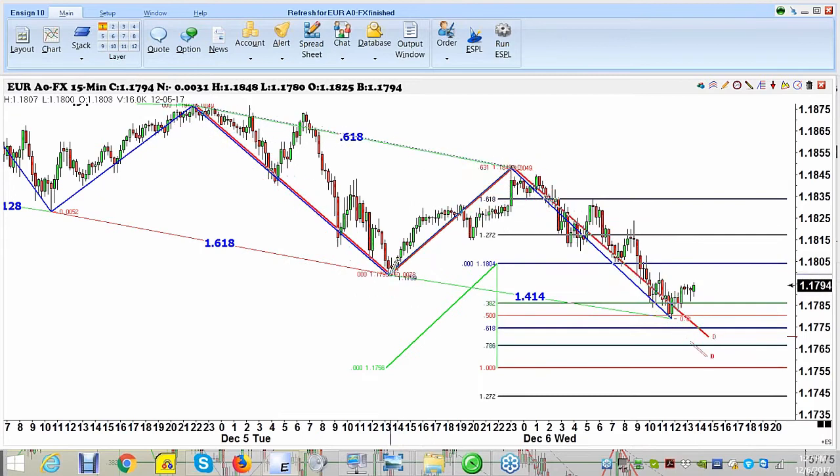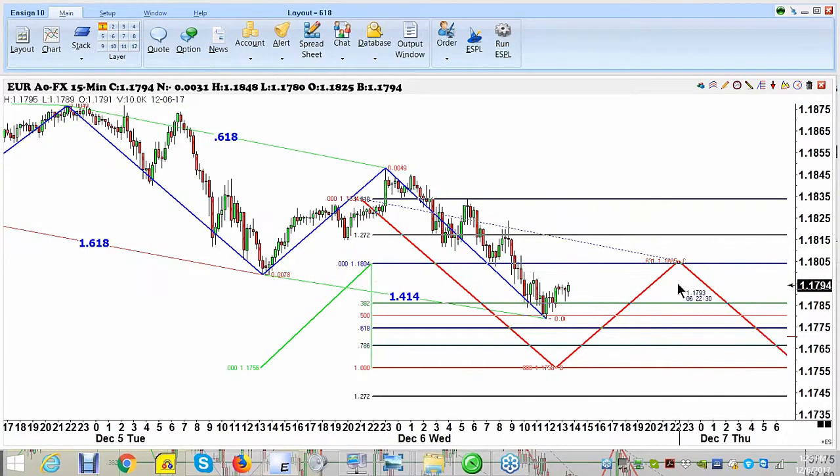There's your last move. So you'd move it down here to 1755, and the next move would take you up to 1805. So I'm willing to risk 250 to make 600. That's pretty good. Remember, this is a 15-minute chart, and this could be really big. So I have to wait and see.